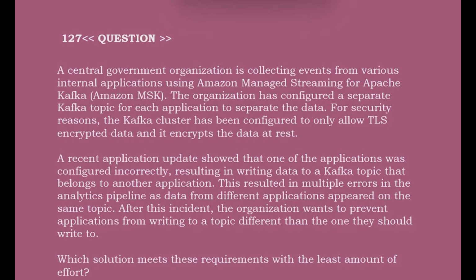This resulted in multiple errors in the analytics pipeline as data from different applications appeared on the same topic. After this incident, the organization wants to prevent applications from writing to a topic different than the one they should write to. Which solution meets these requirements with the least amount of effort?